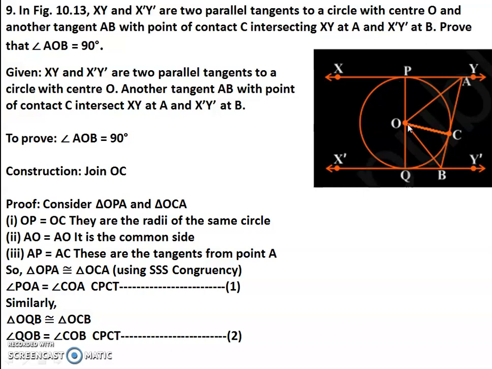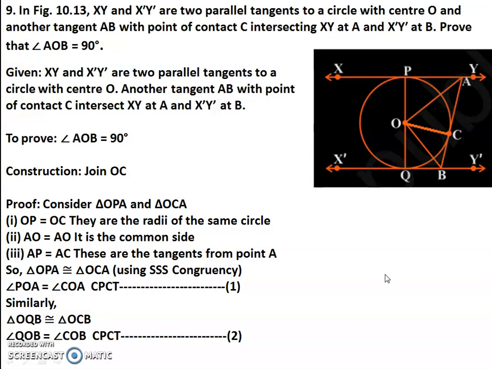XY is in contact with the circle at P and X dash Y dash at point Q. Another tangent AB has point of contact C. So, the third tangent is AB, and it touches the circle at point C.